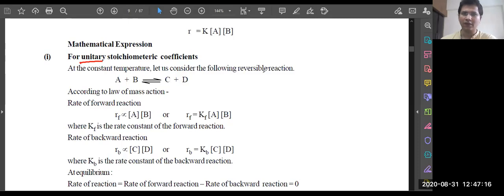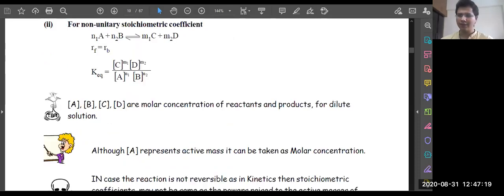Let's see one with non-stoichiometric coefficients. For those, we had this relationship of K equilibrium, right, everyone? As I said, it represents active mass. It can be taken as molar concentration or pressure or mole fraction, but we will be studying only pressure as well as molar concentration.